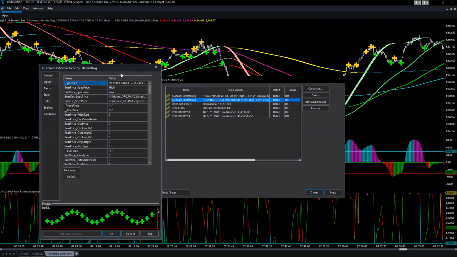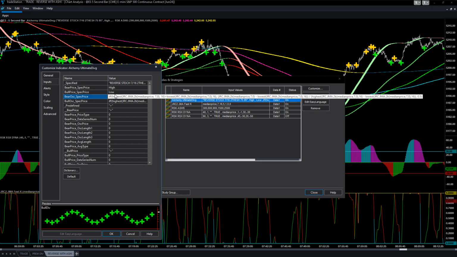Now, its formula is already preset in here, and it is quite long. This was no easy task to get this formula with proper syntax into the indicator, but we have it here. So make sure you save this for future reference.